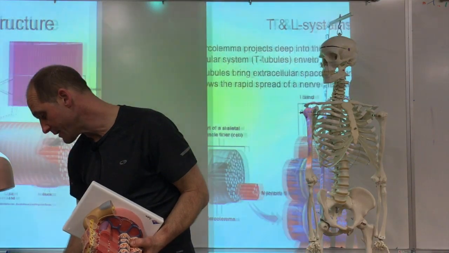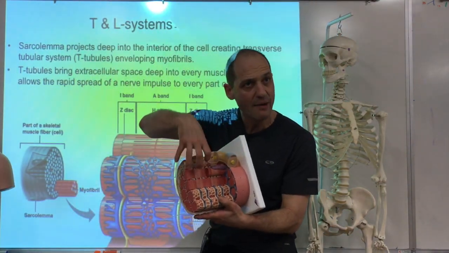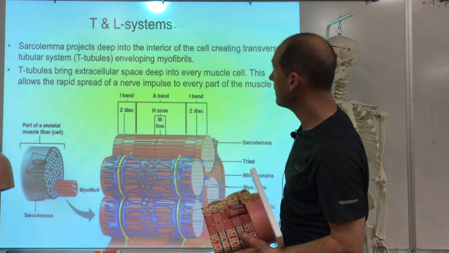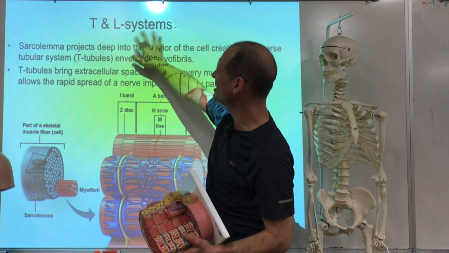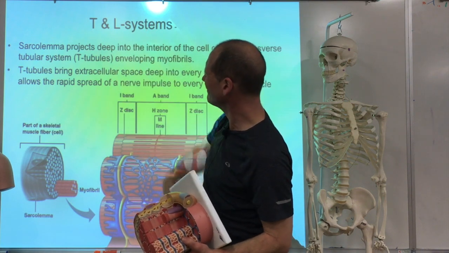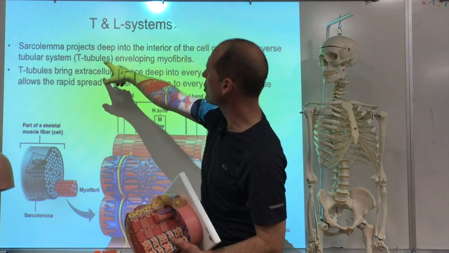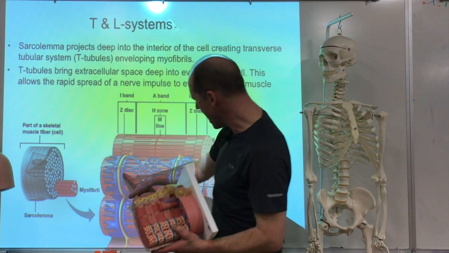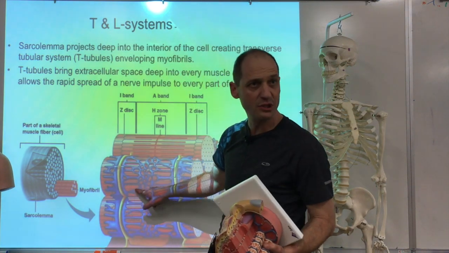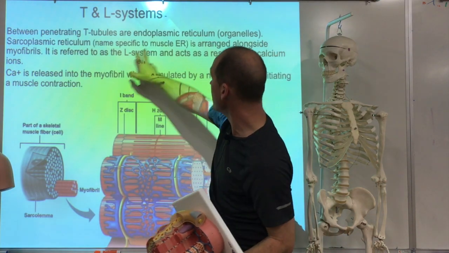So we already talked about the sarcolemma, which is the cell membrane that goes into these myofibrils, deep inside of them. Don't worry about this L and T system. They just have these names also. The sarcolemma that goes deep into the inside, they call that the T tubules, and then the sarcoplasmic reticulum, which is the blue back, they call that the L system.